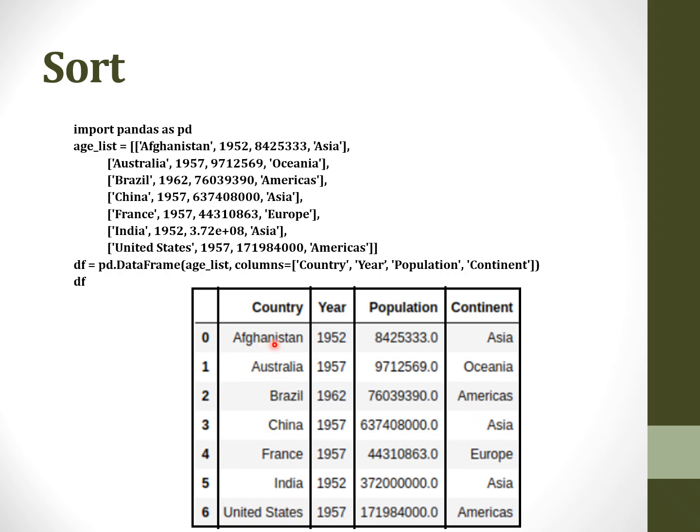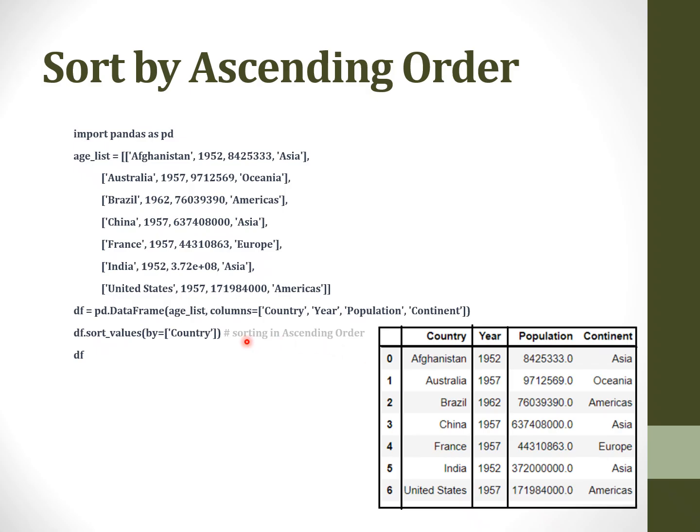What command will you use? df dot sort_values by equal to country. If you do not mention ascending or descending, by default it sorts in ascending order. So all the country data are sorted in ascending order and the corresponding years and populations are populated in the data frame.